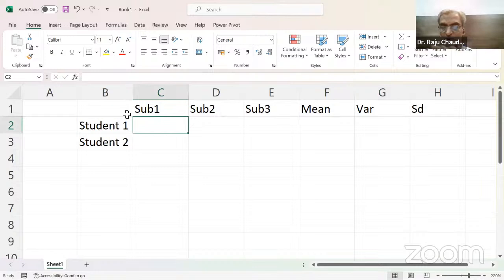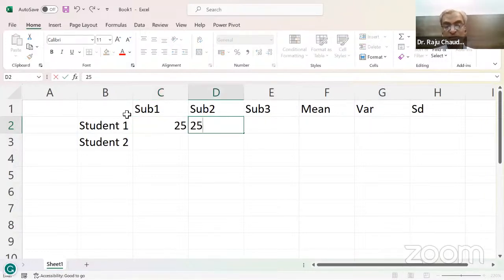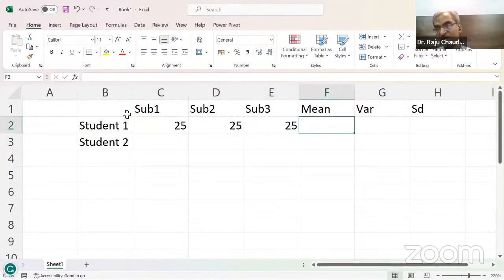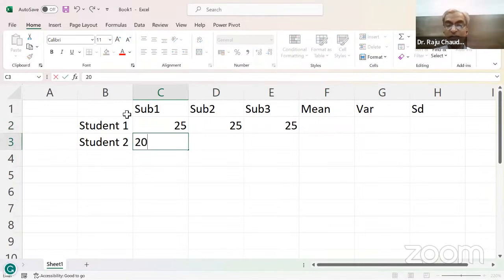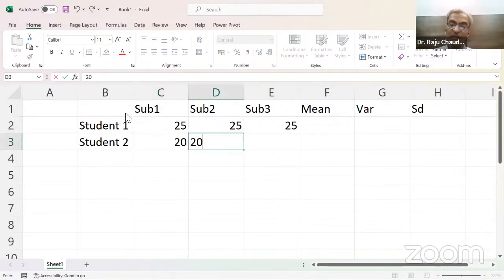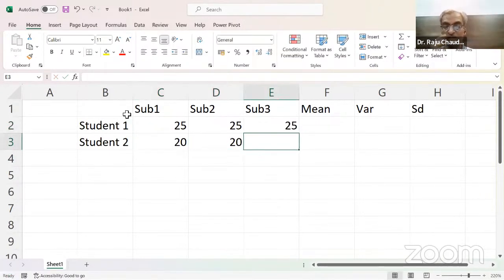Suppose the total score, the examination, is of 30 marks, right? So the first student secured 25, 25 and 25. The second student secured, say for example, 20 in the first subject, 20 in the second subject, and 35 in the third subject, right?